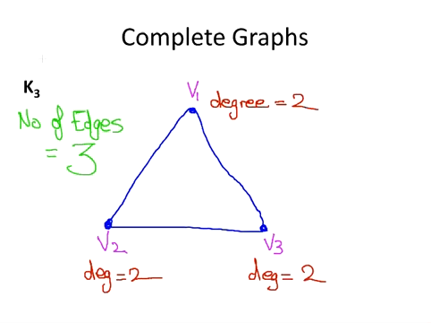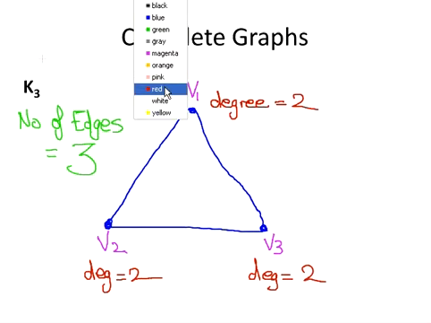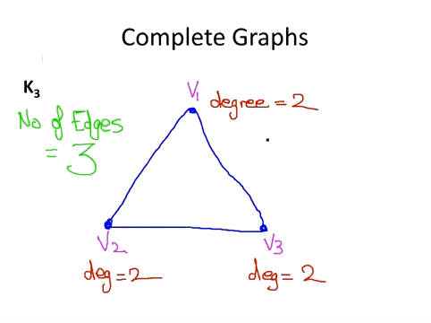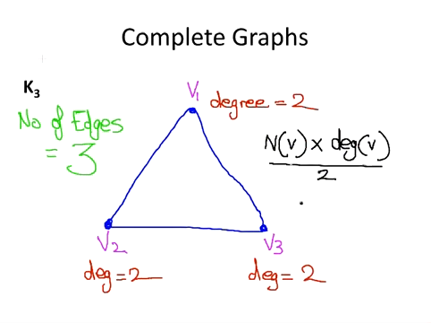What I propose is using the number of vertices, which I'm going to call n of v, times the degree of each vertex, which is the same for each vertex, all over 2.